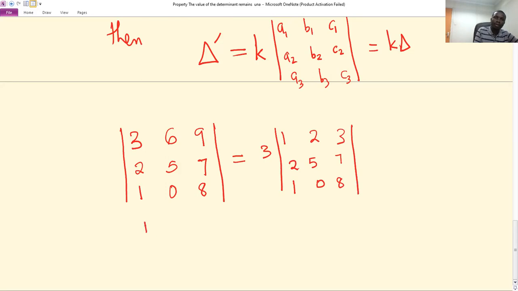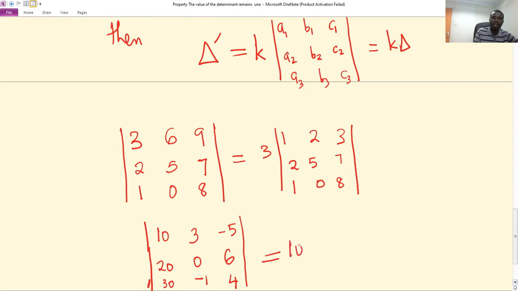Or if you have a matrix determinant with first column 10, 20, minus 1 and the other entries 3, minus 5, 0, 6, 30, 4, this is the same as, you see this first column, every element is a multiple of 10.